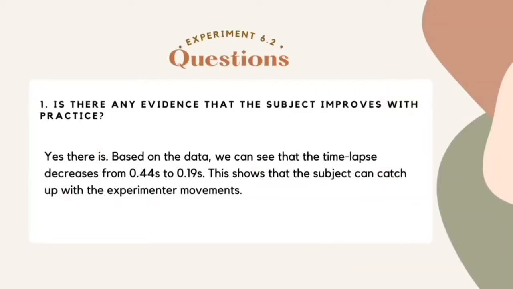The question for experiment 6.2 is: first, is there any evidence that the subject improves with practice? The answer is yes, there is. Based on the data, we can see that the time lapse decreases from 0.44 seconds to 0.19 seconds. This shows that the subject can catch up with the experimenter's movements.